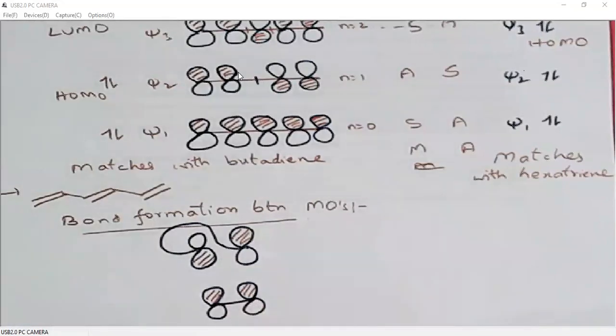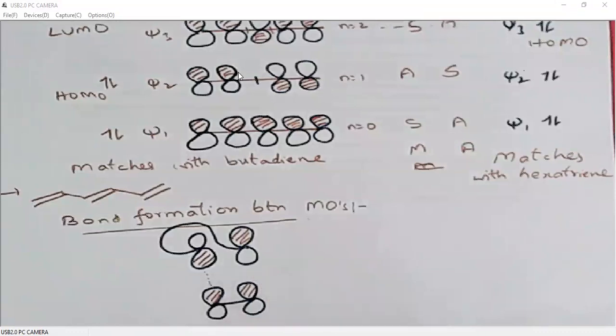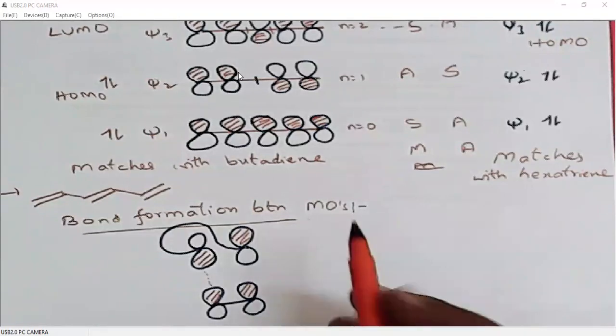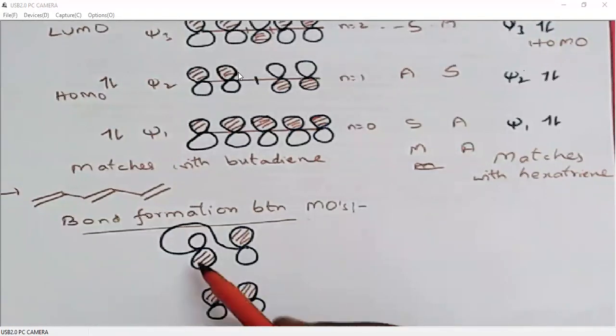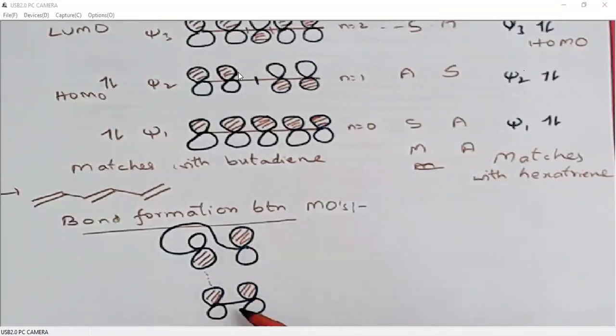Then how do we explain the bond formation between these two molecules? I am just representing it in terms of molecular orbitals. In a normal reaction, we write the molecules side by side and represent the bonding. But when we want to represent the bonding in terms of molecular orbitals, we write one molecular orbital above, one molecular orbital below. This must be written top, this must be written bottom.